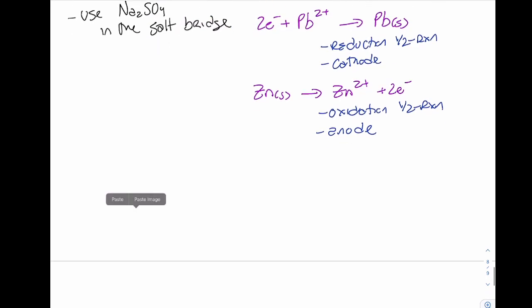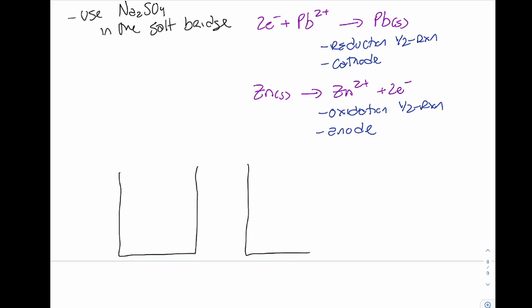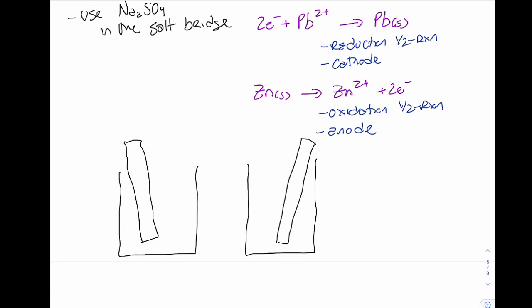So drawing these out, my 2 beakers or 2 containers, my metal electrodes that got really kind of misshapen. I'm going to connect those, not erase those.